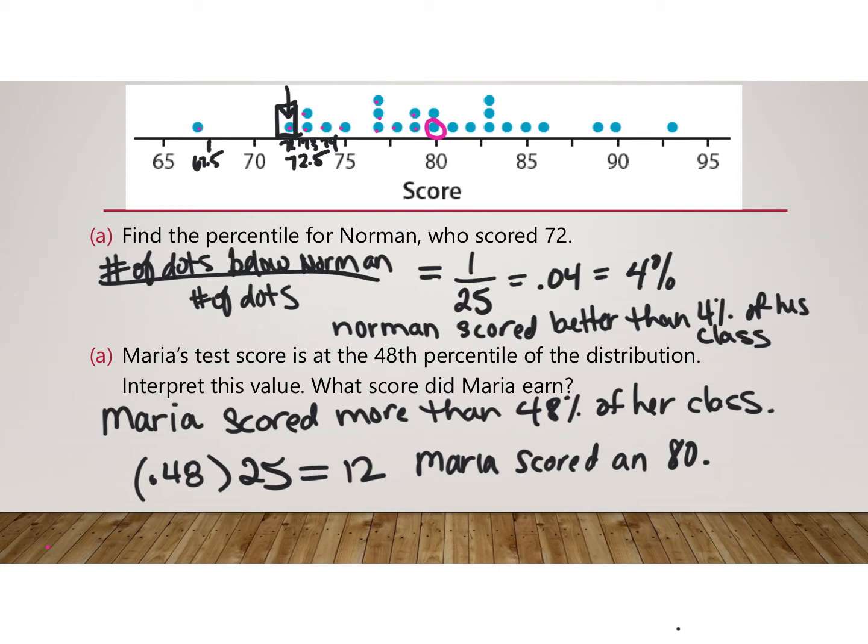So 80 is about the middle, right? 80 is about the median because 48% is about halfway, right? So the median is around 80. Maria scored right smack in the middle of the class.